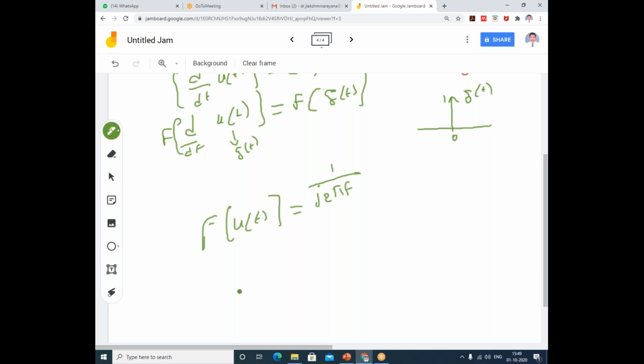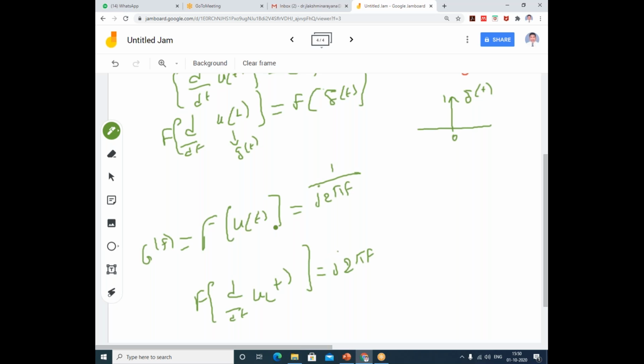So the Fourier transform of d by dt of u of t is j2 pi f into G of f.